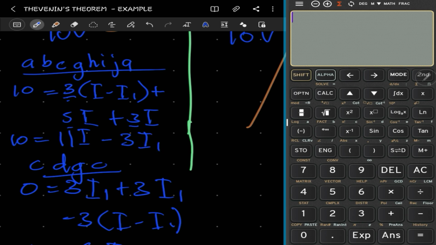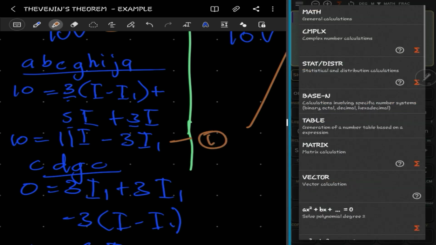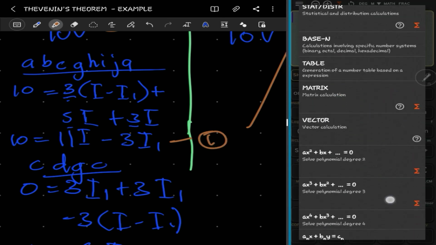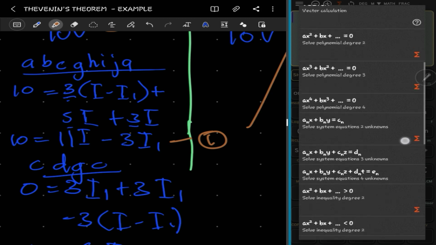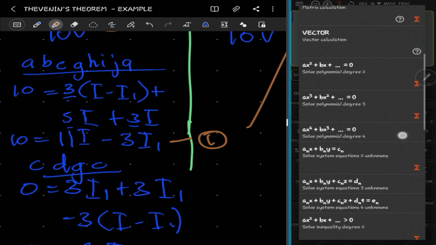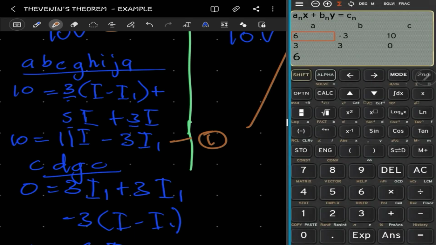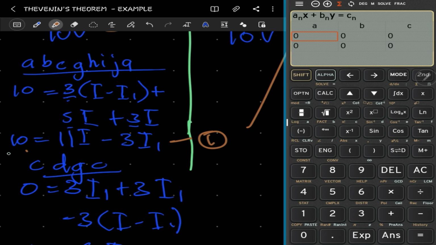So let's see what we are getting for this. This is another equation. So we have 2 variables, 2 equations, 2 unknowns. We've arranged everything already. The constants are on one side.